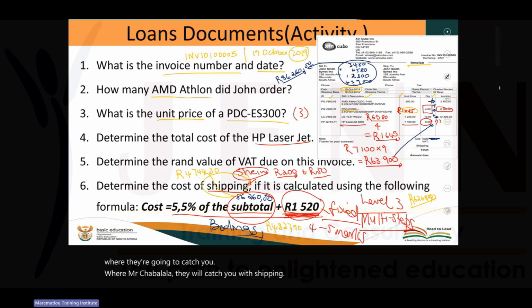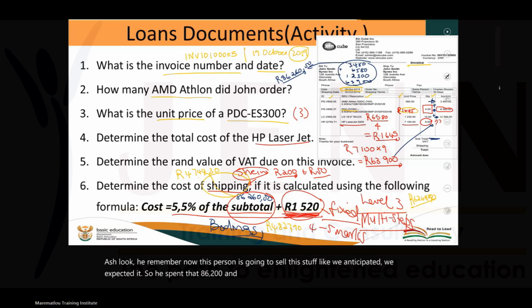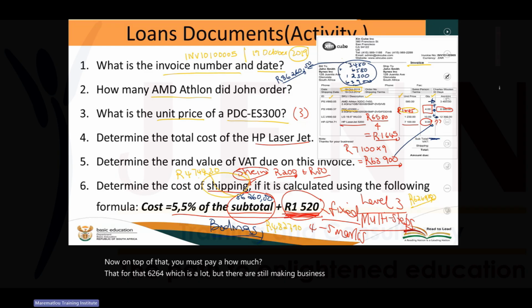Remember now, this person is going to sell this stuff like we anticipated. So he spent that 86,260. Now on top of that, he must pay how much? That 6,264 is a lot. But they're still making business because his or her selling price is going to ensure that this money comes back.